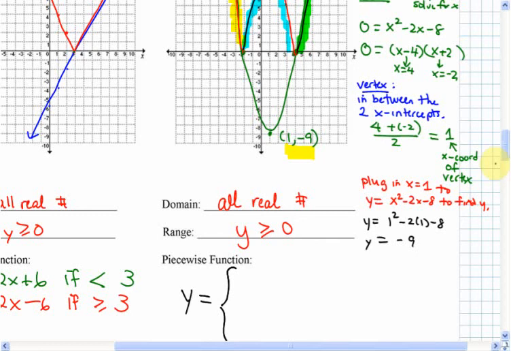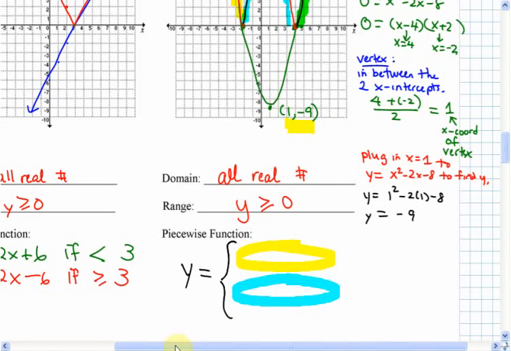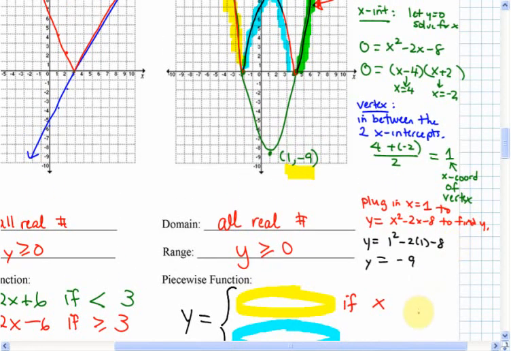So if I were to look at the different pieces, the yellow piece, the blue piece, and the green piece, what are the domains first of all? The yellow piece, the domain, this is true if x is what? Less than or bigger than? Bigger than negative 2?